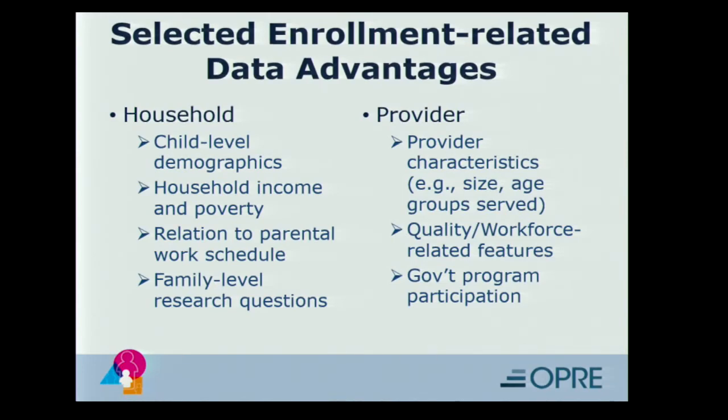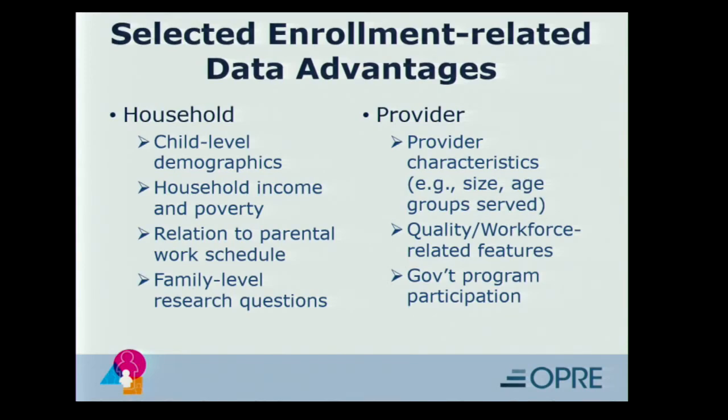If you need to measure household income or poverty, that's really only available in the household data. The household also has the detailed parental work calendar, and so matching up the parental work schedule with the child schedule can provide rich information about what care is being used to support parental employment.